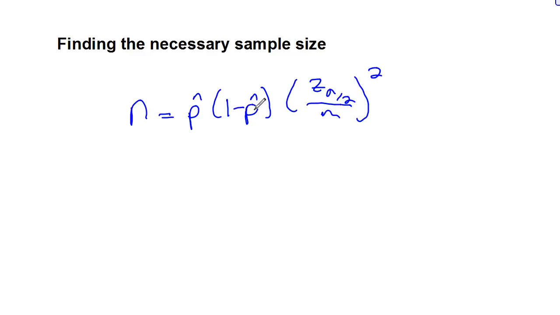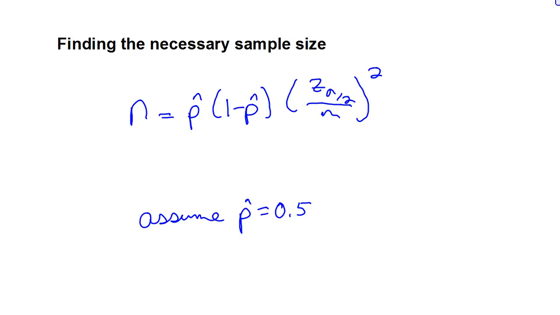Now, sometimes we may not have our p hat. If we do not have our p hat, assume that p hat is equal to 0.5. That is if you do not have your p hat.